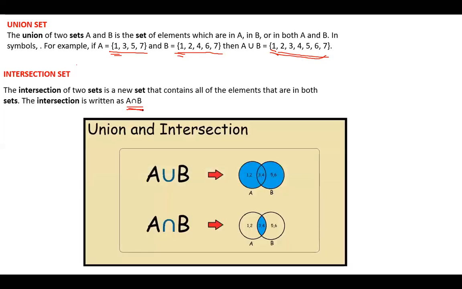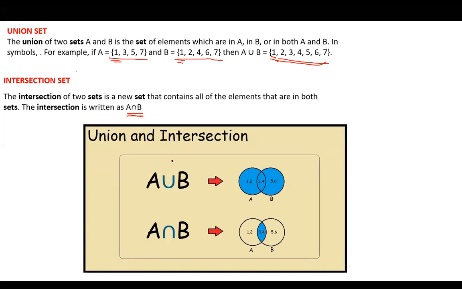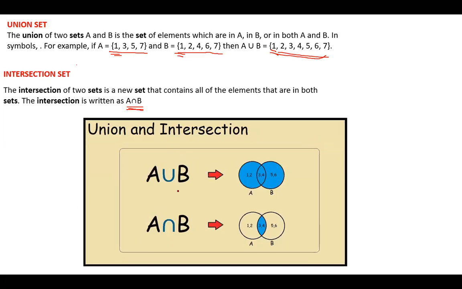So let us now look at the examples. In talking of the union set, we're talking about listing. When you say A union B, we're listing A and B. So when we shade them, this is how they are going to look, if this is a Venn diagram, and then you also have your E there.